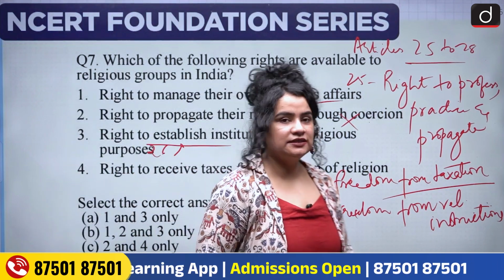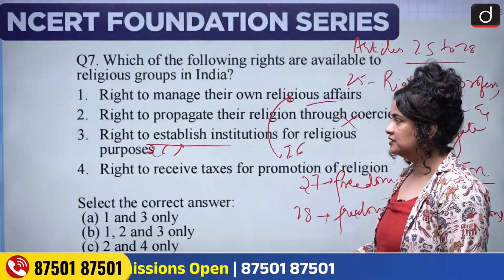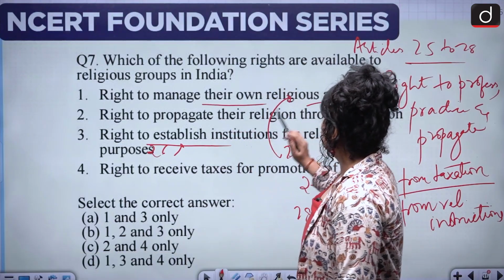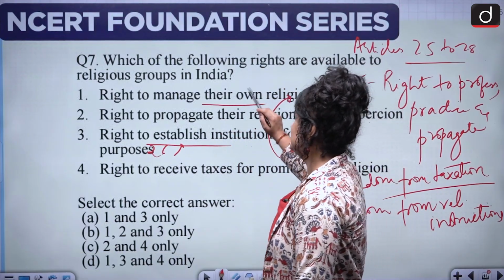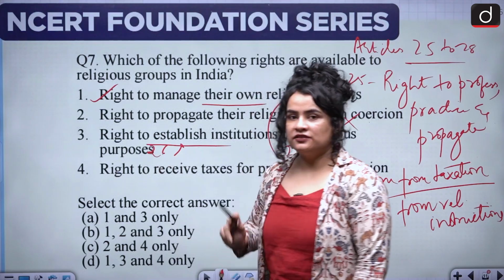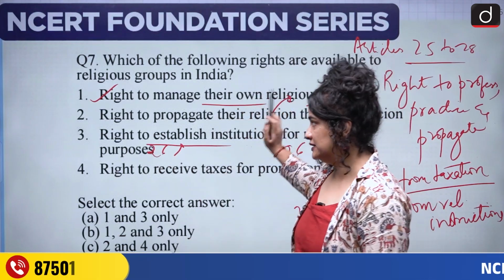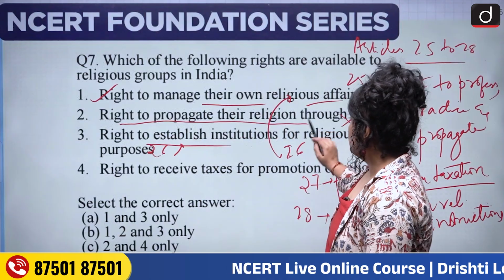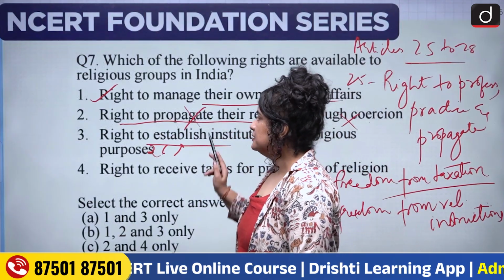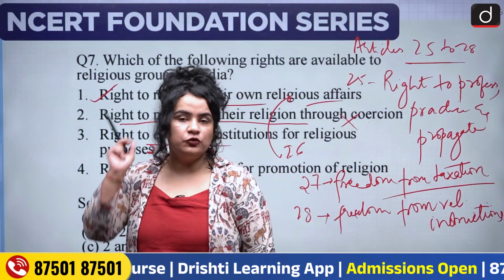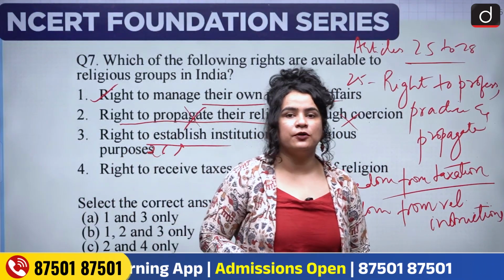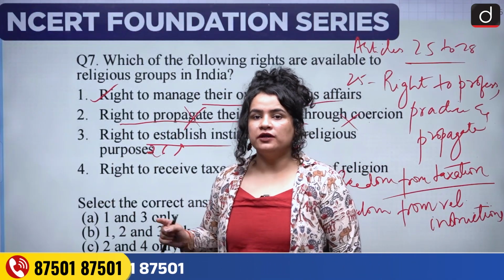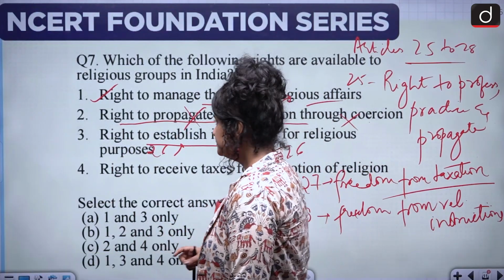So, now that we have the list of rights, let's see, right to manage their own religious affairs, that is, like I said, available as a right to religion under Article 26. The second one says right to propagate their religion through coercion. No, this was a reasonable restriction to this right. You can practice, profess and propagate your religion, but you cannot coerce people to convert to a certain religion.